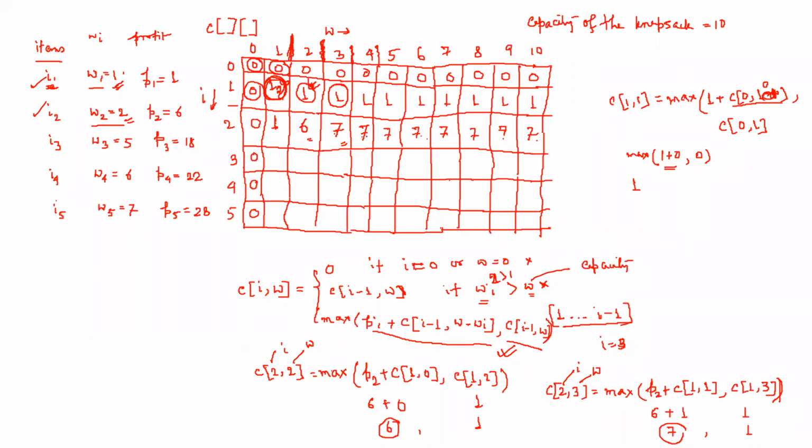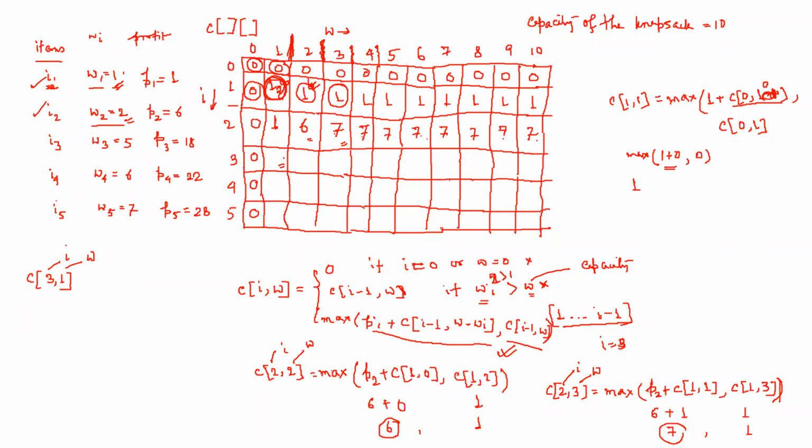Now I want to fill the next row. Which value do I want to calculate? This one, C31. Here I equals this and W equals this.